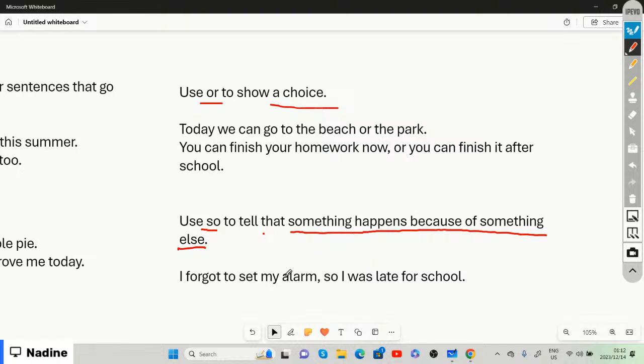For example, I forgot to set my alarm, so I was late for school. Meaning that I was late to school because I forgot to set my alarm. Something happened, I came late to school, because of something else. I had forgotten to set my alarm. That is the something else.